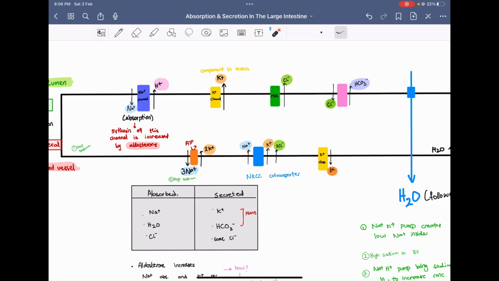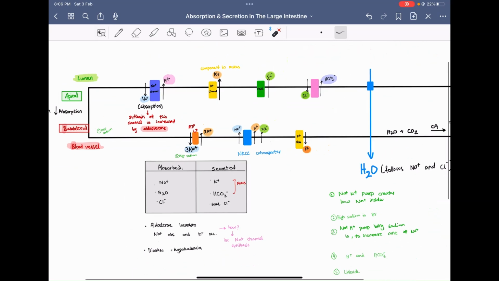Okay, so, as I said, the important thing to know is that the net, or the majority of the potassium, will be secreted. And this is why in cases like diarrhea, where you have increased potassium secretion, you're going to be left with hypokalemia, which is a state of low potassium.